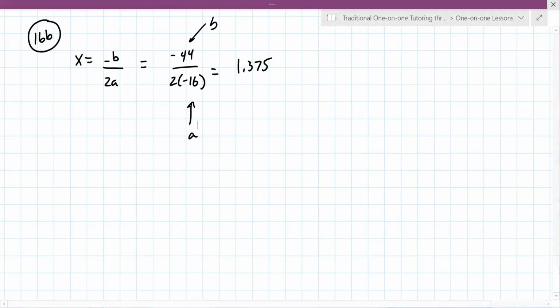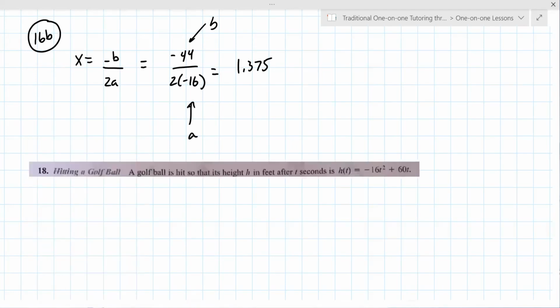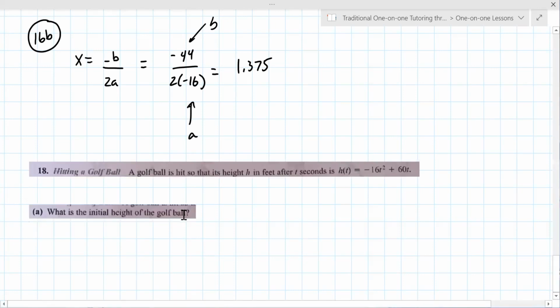All right. So we'll go to 18 then. So here's 18. What is the initial height of the golf ball? Okay. So whenever it says initial, that means that time is equal to 0. And you're supposed to be interpreting that, meaning you have to know that on your own.